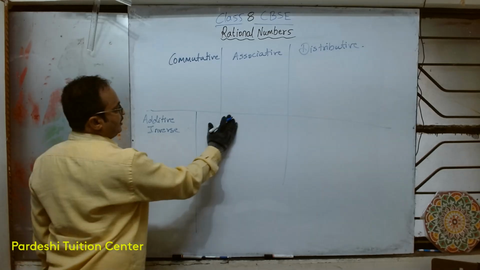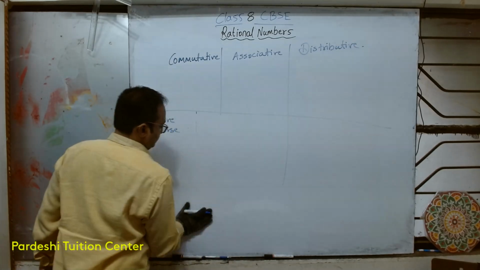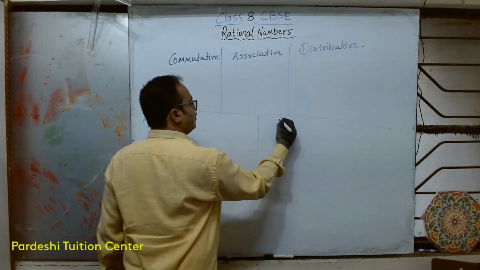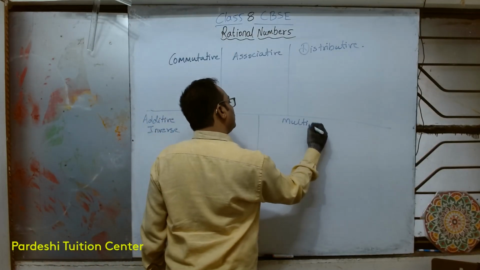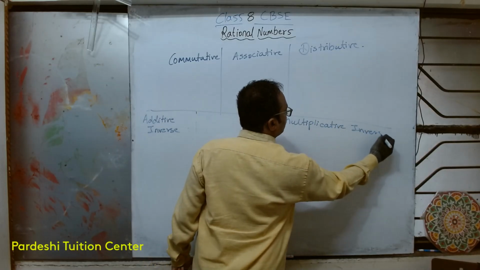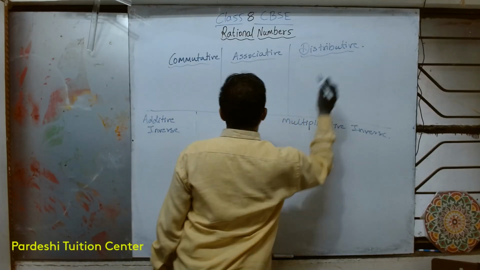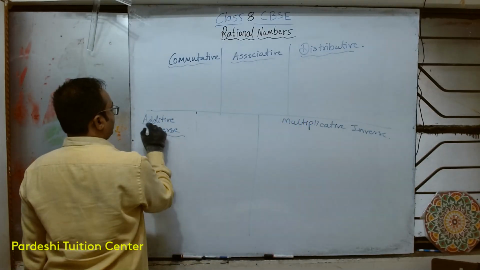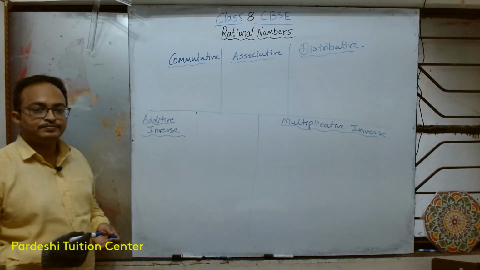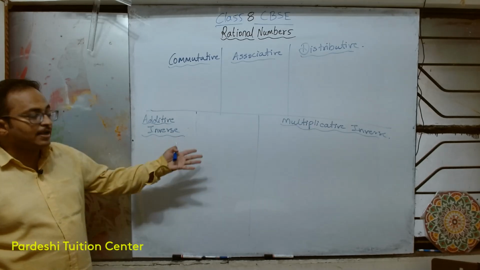These are the properties of integers as well. Additive inverse and multiplicative inverse. These are the 5 properties that you must know in this lesson: commutative property, associative property, distributive property, additive inverse and multiplicative inverse.